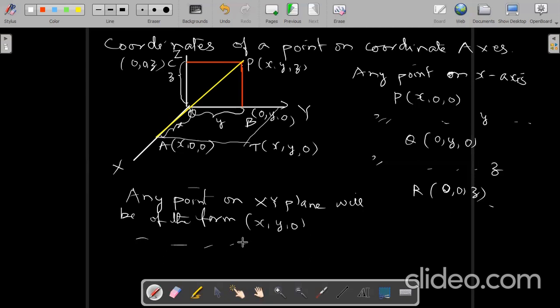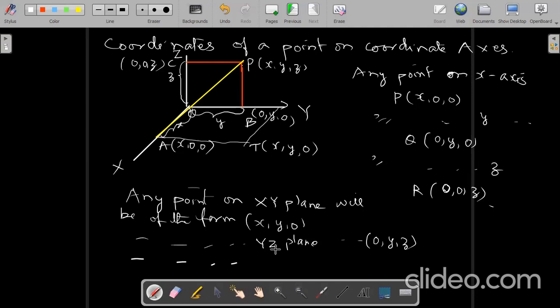Similarly, any point on the yz plane, always use capital letters for the xy, yz, zx planes, will be of the form 0, y, z. On the yz plane, the x coordinate will be 0.